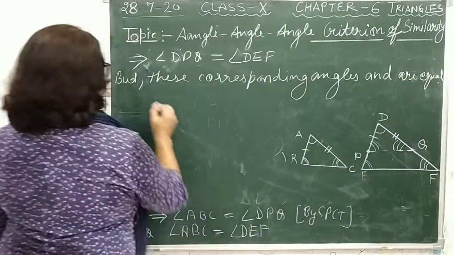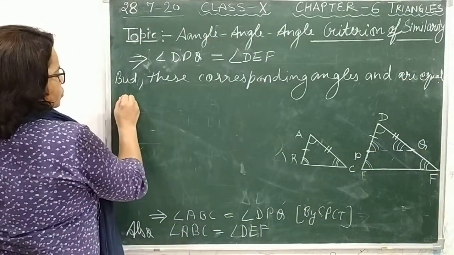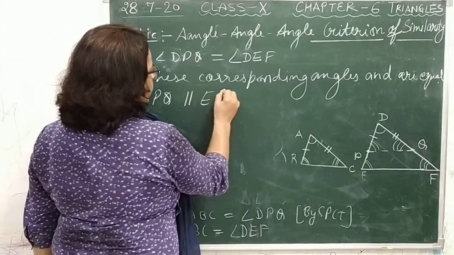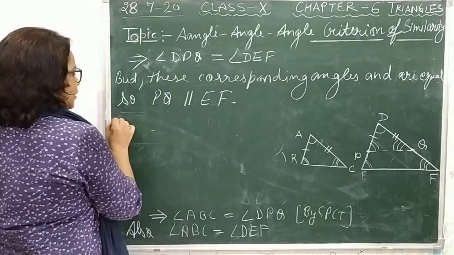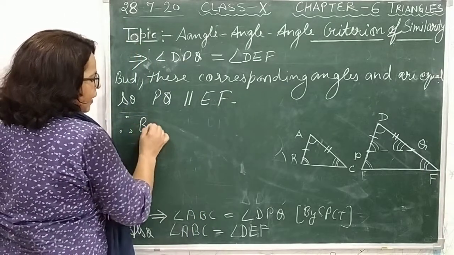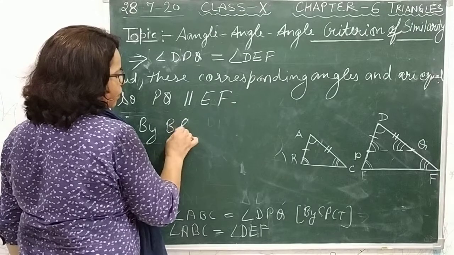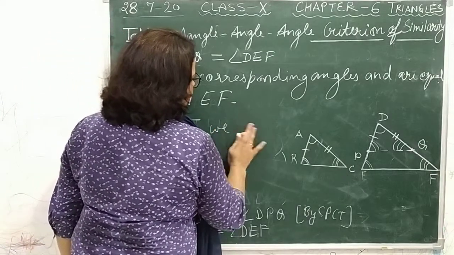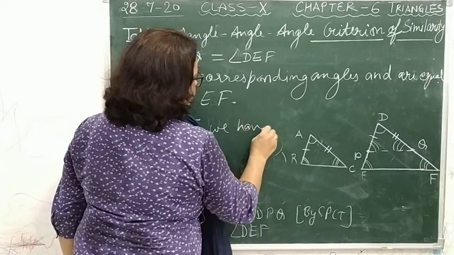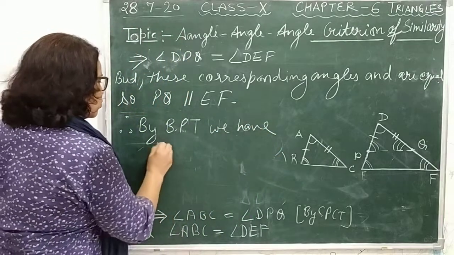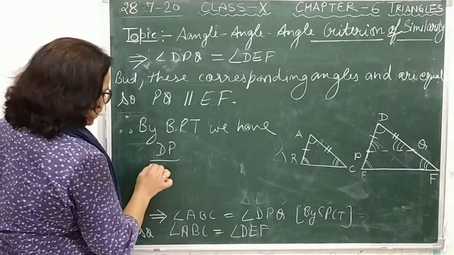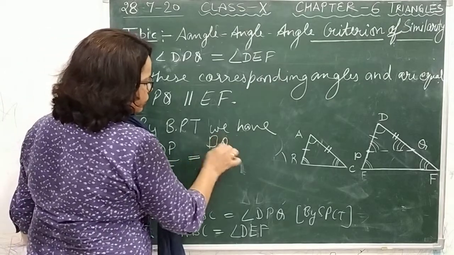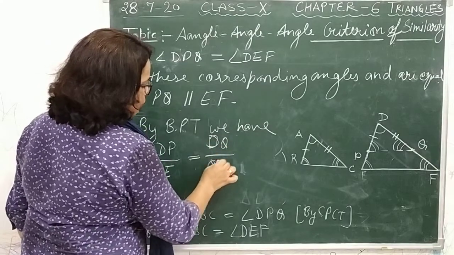So if they are equal, PQ is parallel to EF, and therefore by the basic proportionality theorem, BPT, we have the ratio of DP and PE will be equal to DQ and QF.